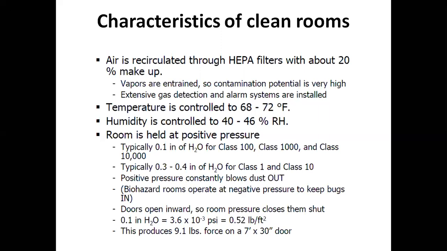The typical pressure normally maintained inside the clean room is 0.1 inch of H2O for class 100, class 1000, and class 10,000, and typically 0.3 to 0.4 inch of water for class 1 and class 2. Positive pressure constantly blows dust out.